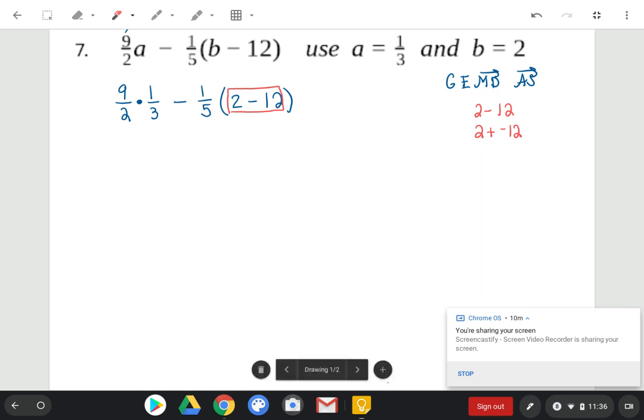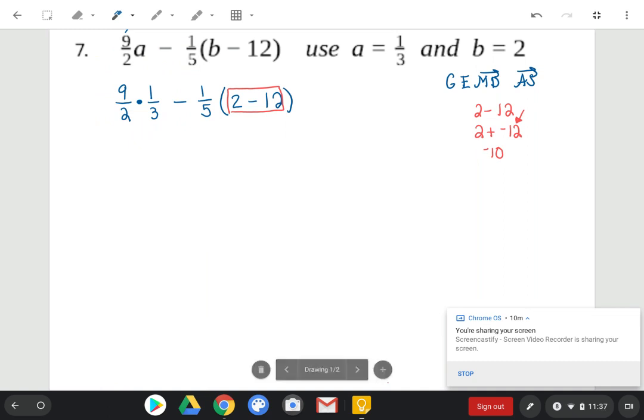So 12 minus 2 is 10, and we have to keep the sign of the number with the greater absolute value. Since negative 12 has a greater distance from 0, that's going to be equal to negative 10. So I'm going to go back to my original problem and replace my box with a negative 10.